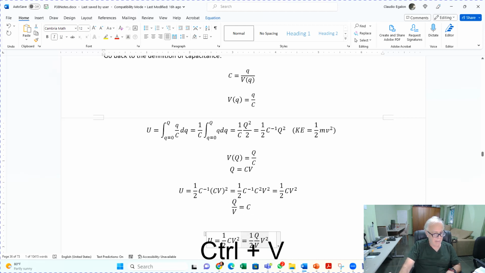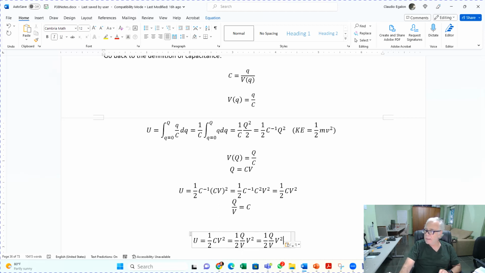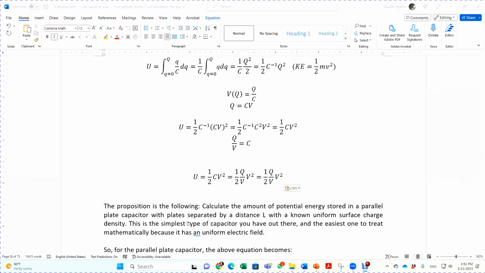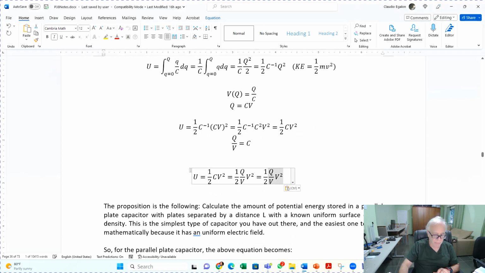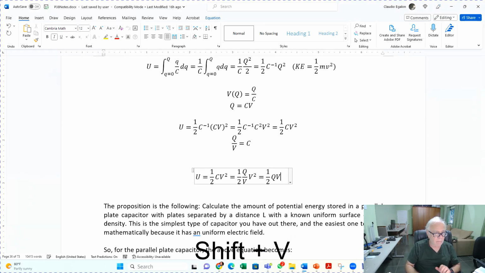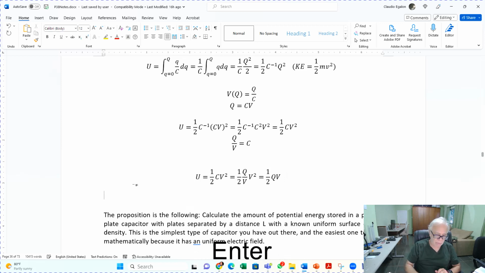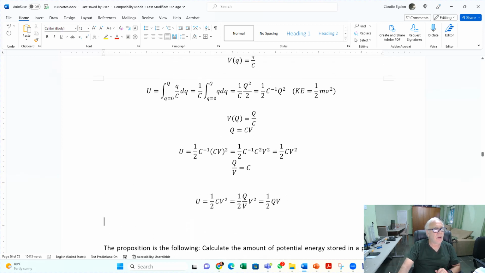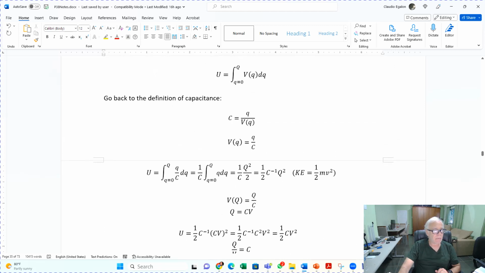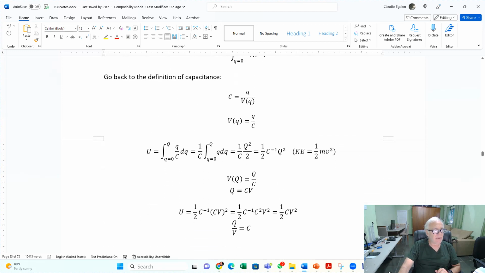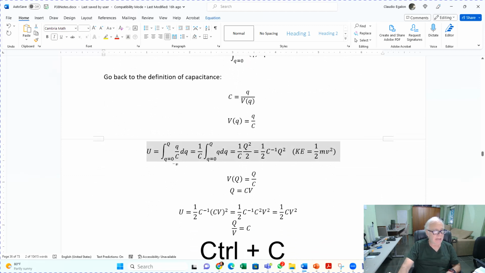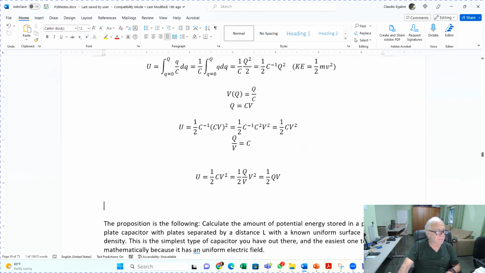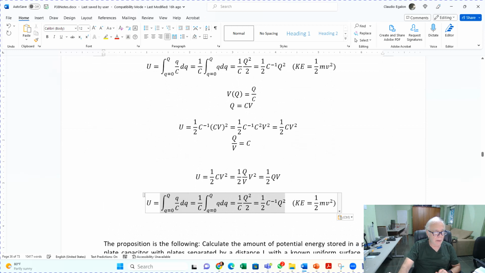Okay, and we end up getting half of QV. So three different equations for the potential energy of any capacitor. Notice that everything that we did here was for a generic capacitor, because every capacitor obeys this relation here that you see. Okay. So here you go, one relation.